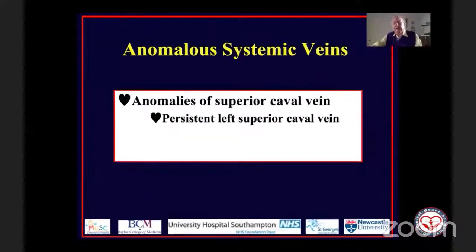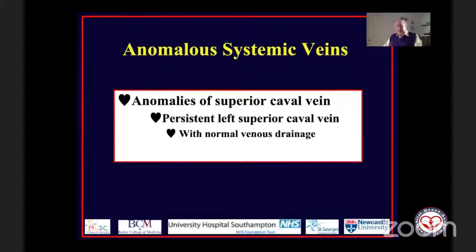But let's begin by looking at the commonest anomalous systemic vein, and that is persistence of the left superior caval vein. Now, this raises another important point, because when most frequently we see persistence of the left superior caval vein, although we consider that as an anomaly, the blood coming through the persistent left superior caval vein enters the morphologically right atrium.